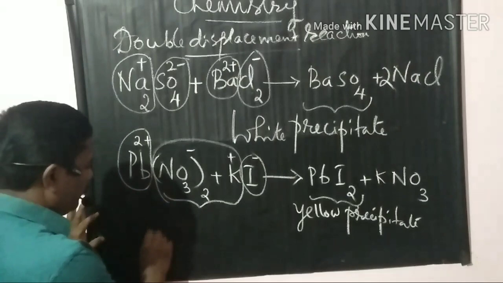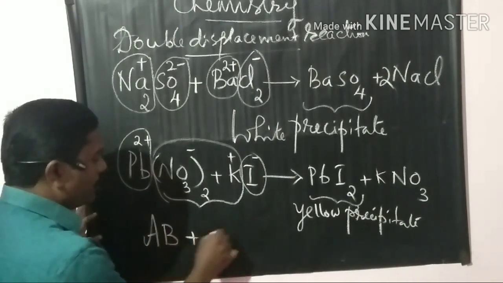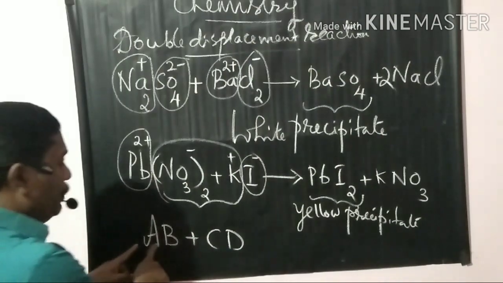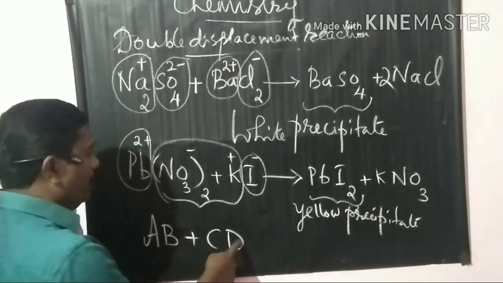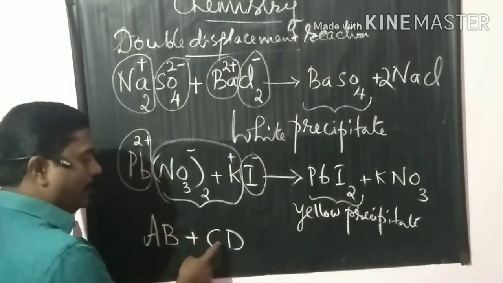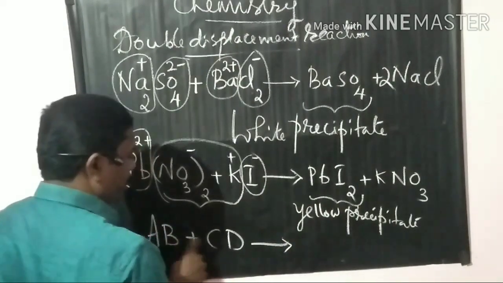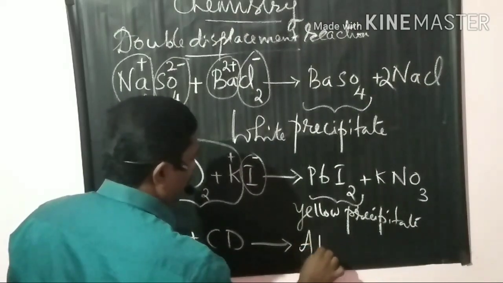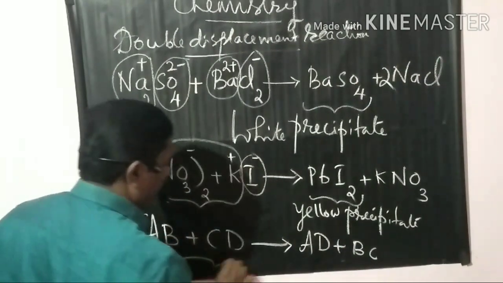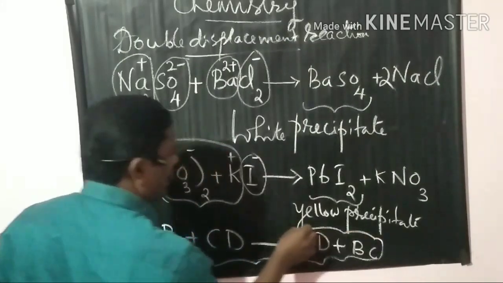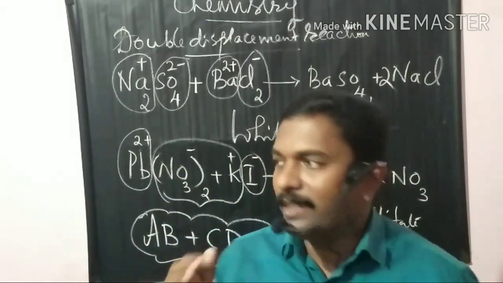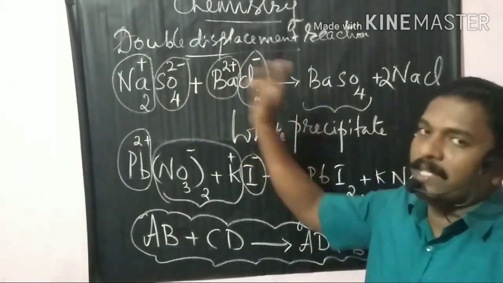So listen, AB plus CD. Here A with D and B with C. Then how can we say? Yes, listen, AD plus BC. So this is the fourth type of chemical reaction. Which is that? Yes, double displacement.